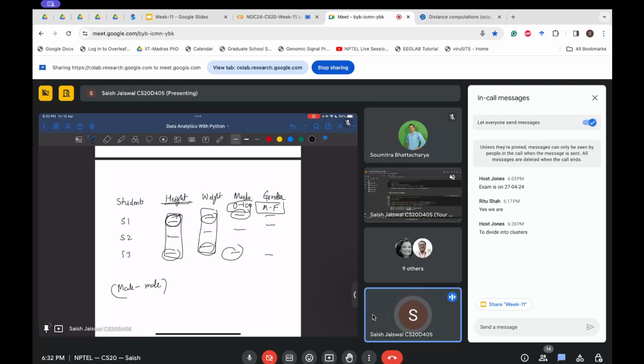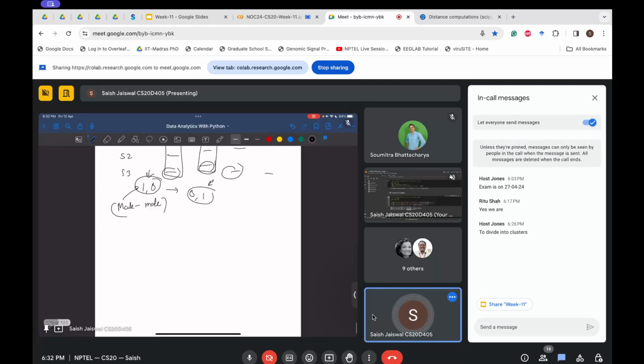You can assign male as 1 or 0, and similarly female as 0 or 1. Once you have this, you can define a certain metric to find the similarity between the two groups. This was for binary values, but there can be cases where you have multiple values associated with a variable, for example, grades.